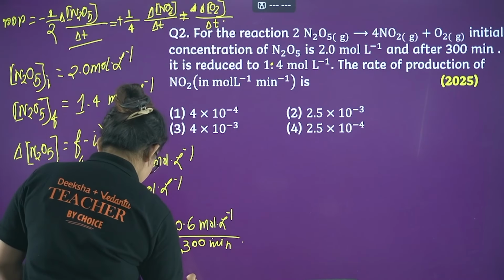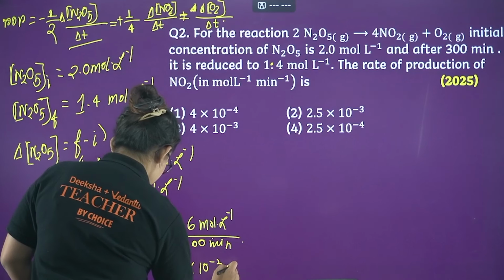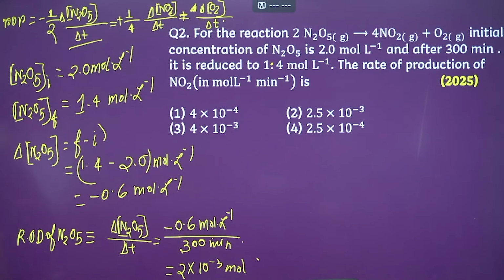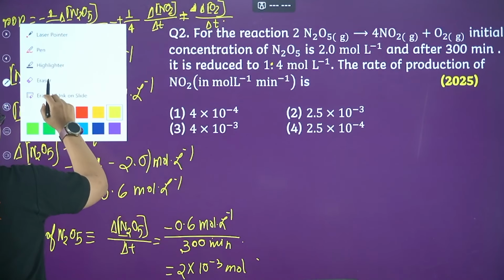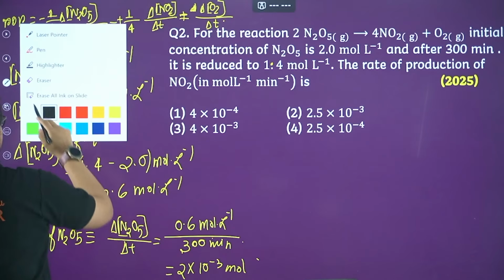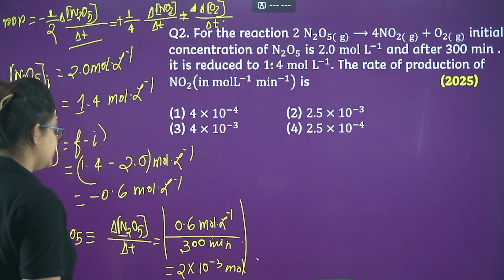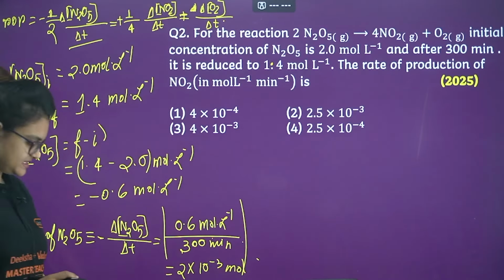If you calculate, you will get 2 into 10 power minus 3. Whenever I am taking the rate of disappearance, you can simply consider it in mod, because whenever I use the term rate of disappearance, by default it is taken that way.